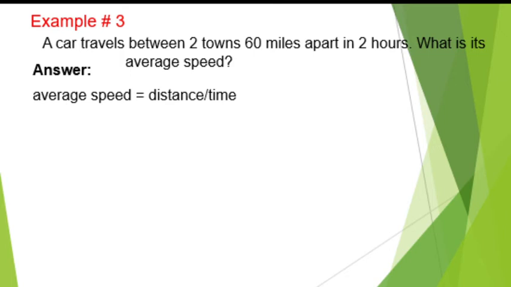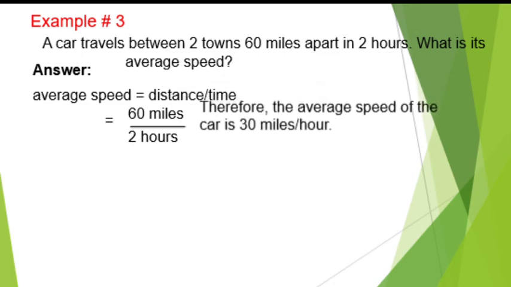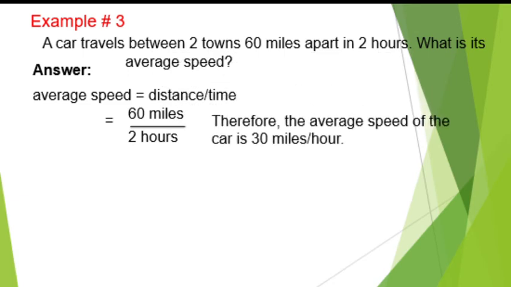The distance is equal to 60 miles over the time of 2. So 60 divided by 2 is equal to 30 miles per hour. So again, the average speed of the car is 30 miles per hour.